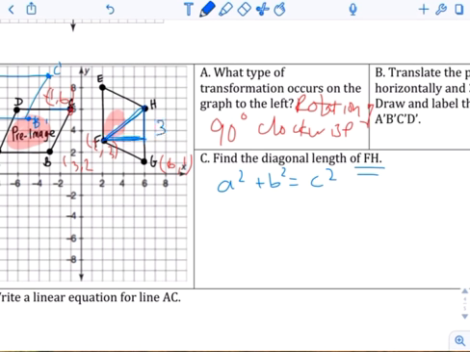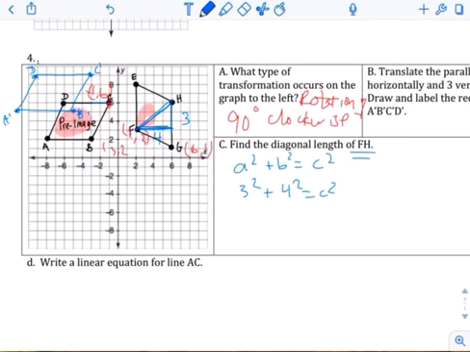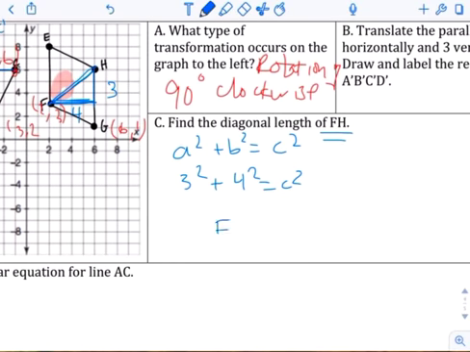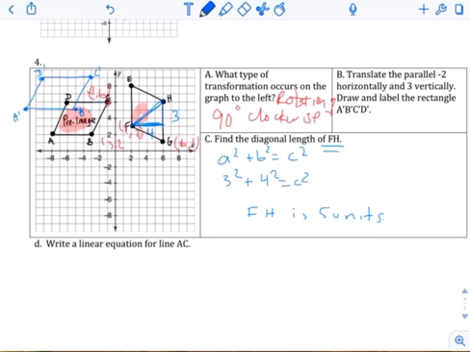It's 3, it's 4. So you find the rest. 3 squared plus 4 squared equals c squared. So the diagonal for FH is 5 units. Okay? That's how you do it.